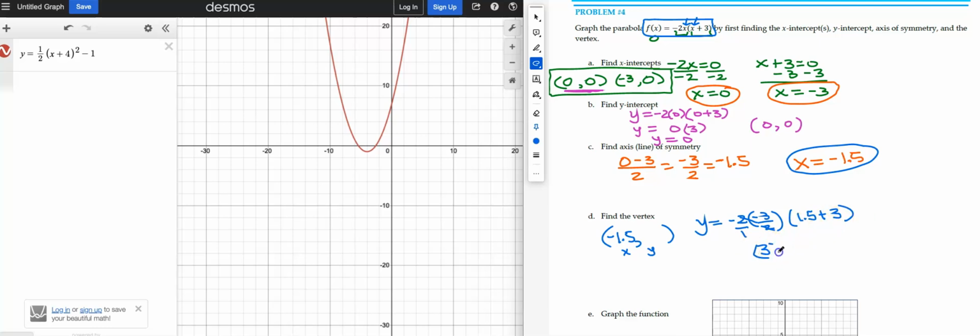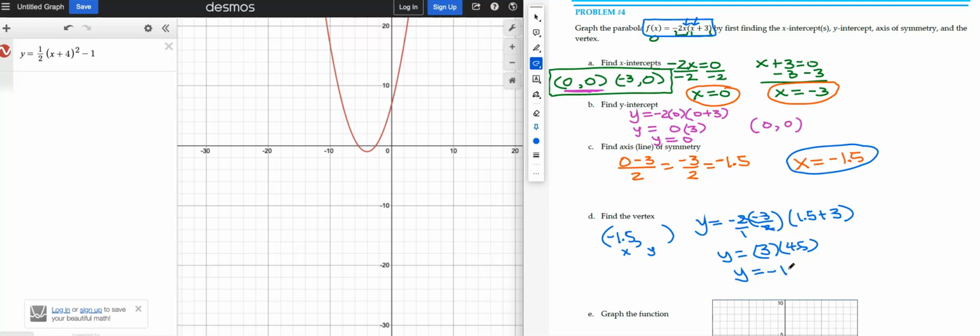And then we need to times that by 4.5. And then when we multiply those together, we'll get our answer. What is 3 times negative 4.5? Negative 13.5?